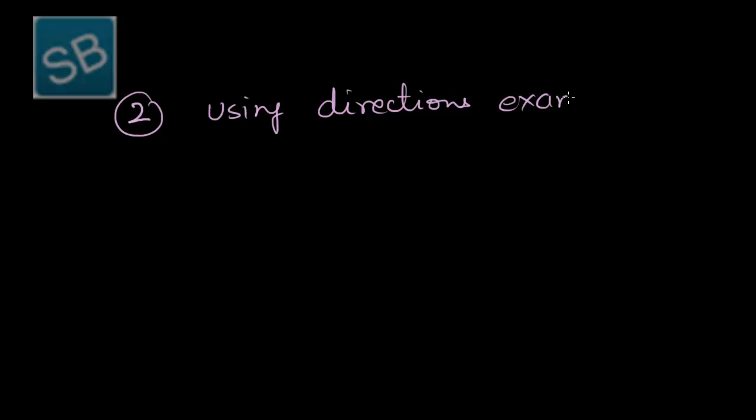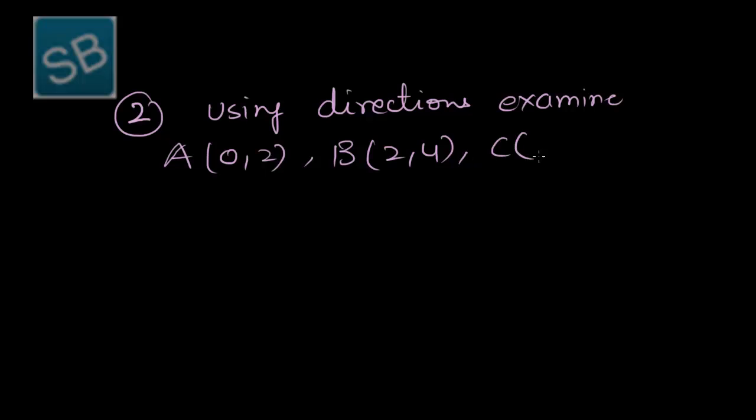Now the next problem is using directions. Examine whether A with coordinate (0, 2), B with coordinate (2, 4) and C with coordinate (minus 2, 0) are collinear.